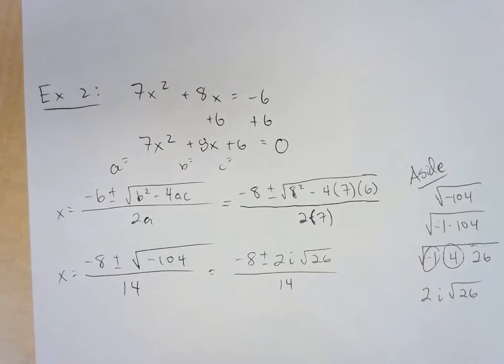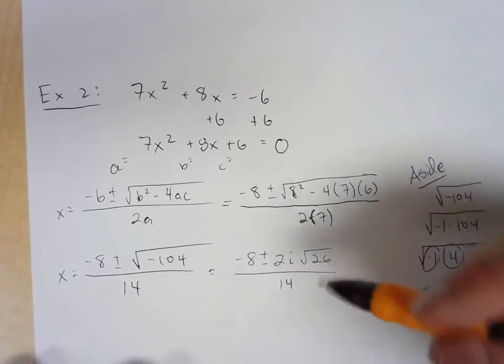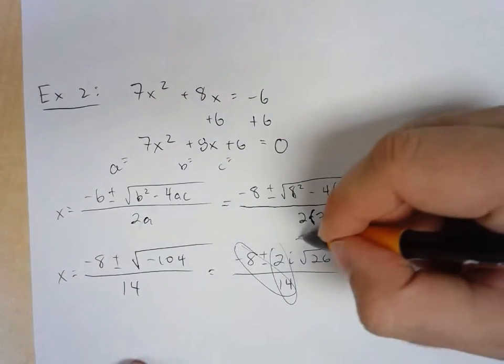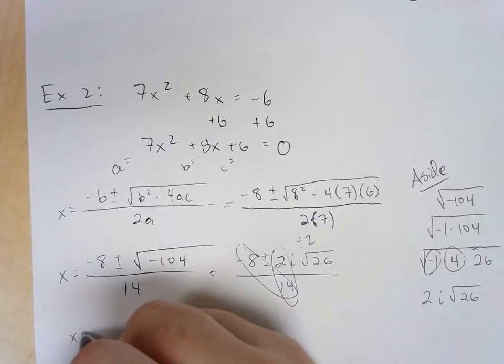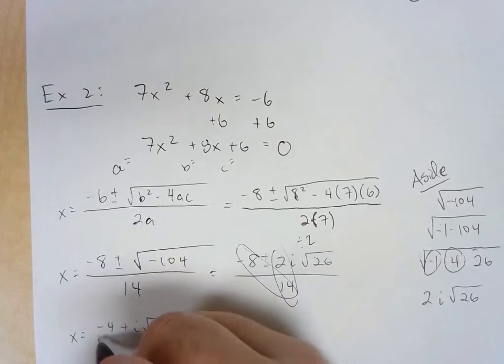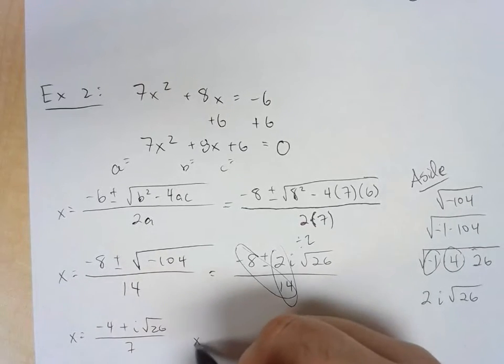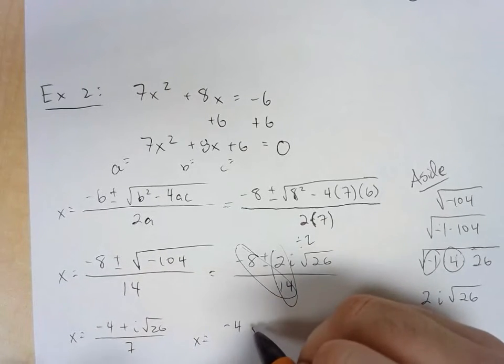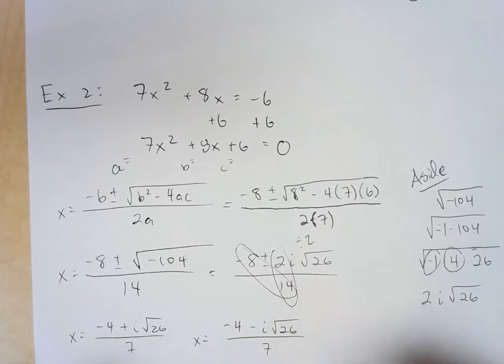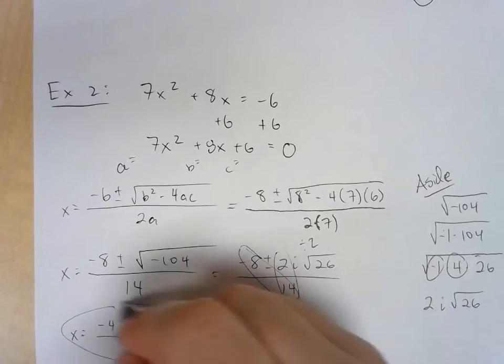We're going to have two solutions. So I can simplify just a little bit. Because these two numbers have a 2 in common, I'm going to divide by 2 in both of those. So x equals negative 4 plus i square root of 26, all divided by 7. And x also equals negative 4 minus i square root of 26, all divided by 7. And those are our two answers.